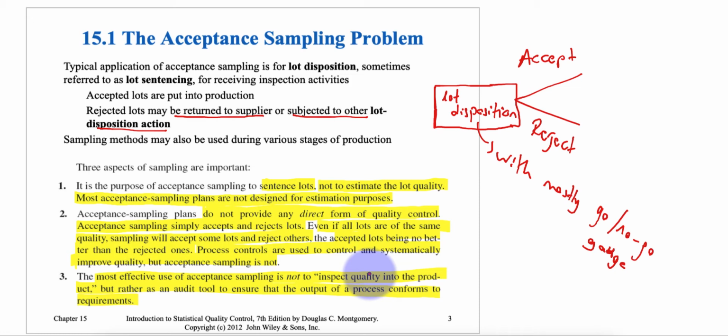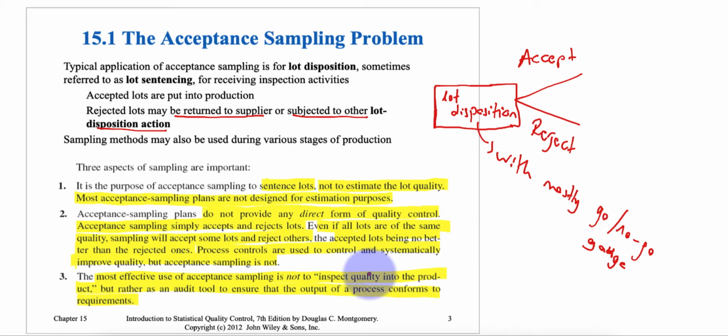It doesn't mean that lot 2 is better than lot 1. You cannot say this because you are making sampling. You cannot talk about the population, which is here the lots. Maybe both of these lots have same number of defective units, but because you have just inspected a fraction of the lots, you cannot make any judgment about the rest of the parts in the lots. Okay, that's it.